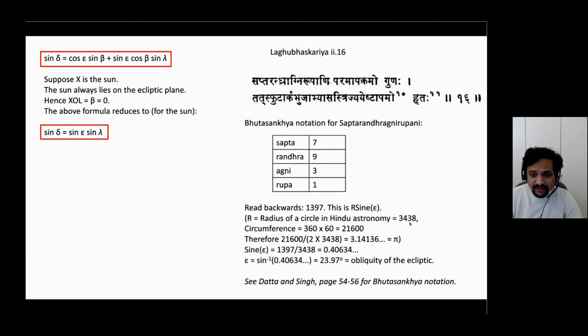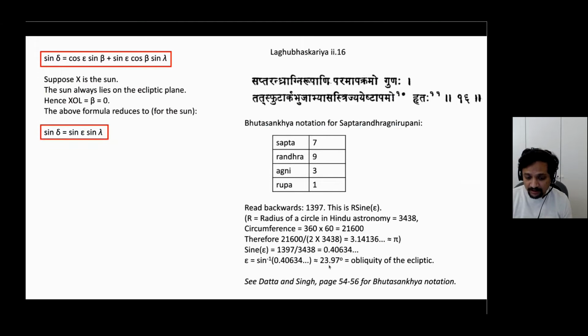Since the radius is 3438, R sine epsilon is 1397. And if you then replace R by 3438 and divide 1397 by this radius 3438, you will get sine epsilon equal to 0.40634. And now from this, you can get the angle epsilon by taking the inverse sine function, and if you do that, you get epsilon approximately equal to 23.97 degrees.